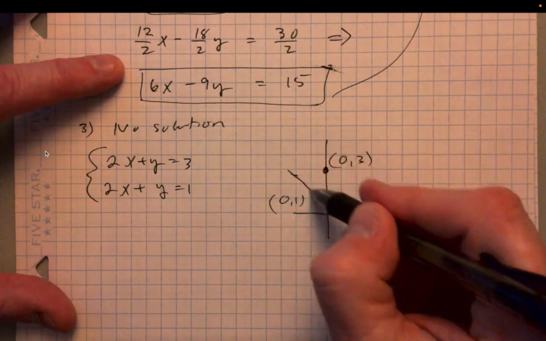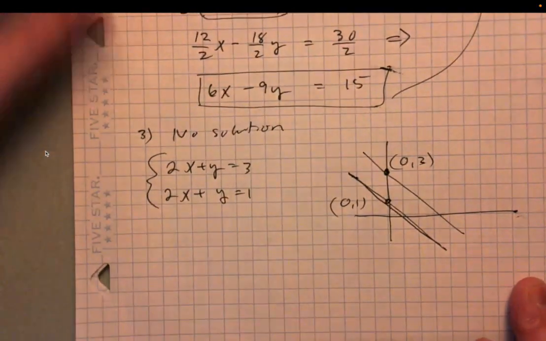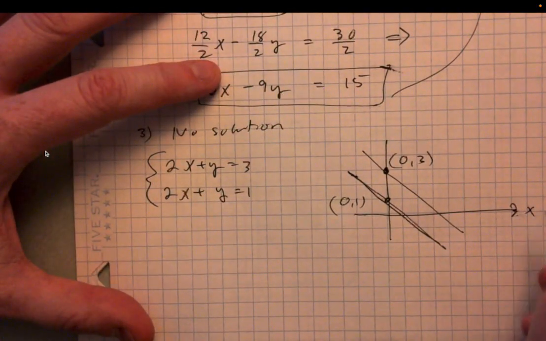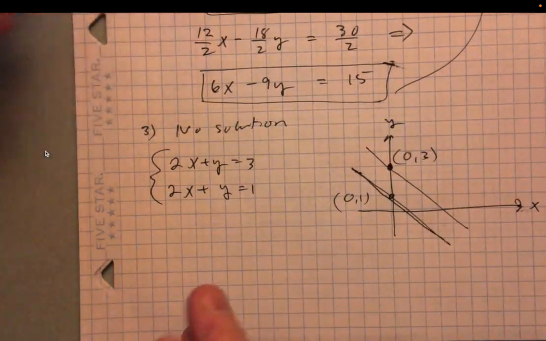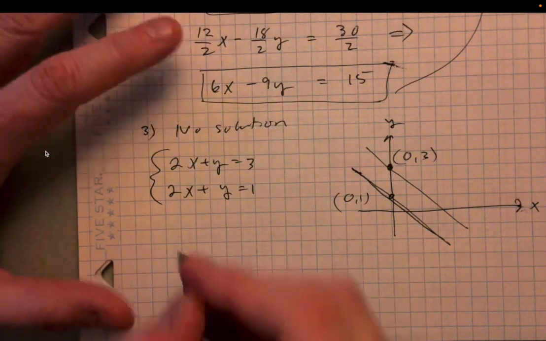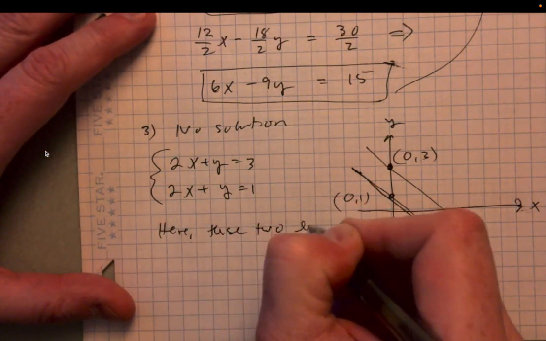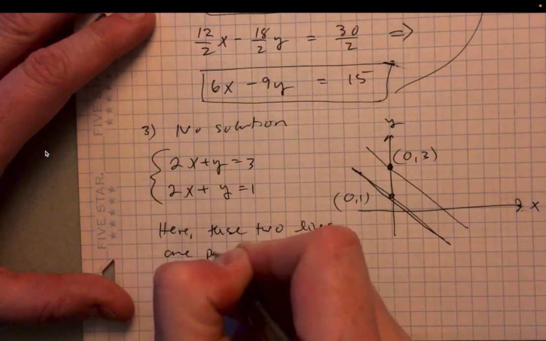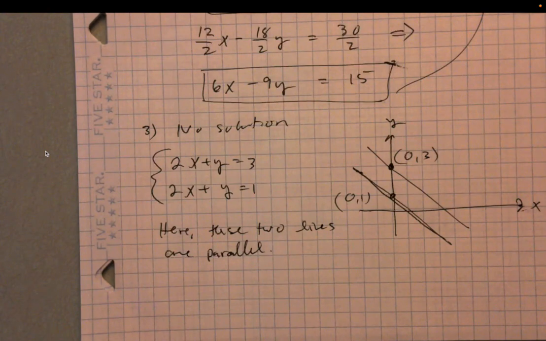They both have the exact same slope, and so they're parallel. So these lines are parallel, but they're not equal.